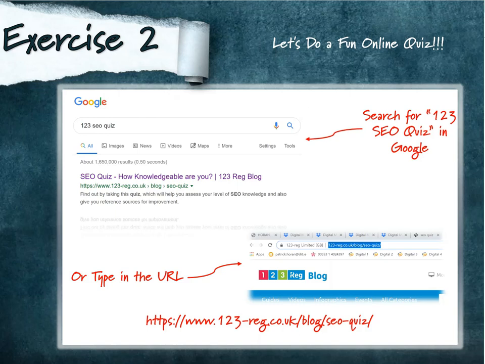You can go to that and then start the quiz, or else you can alternatively type in www.123-reg.co.uk/blog/SEO-quiz/, and that will bring you to the right place.